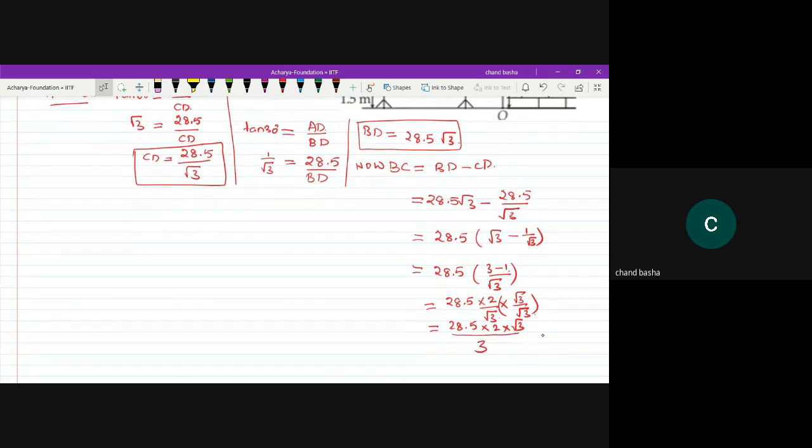So just do the calculation part, simple calculations. As you said, it is 9.5. 9.5 into 2 into root 3. It should be clearly 19 root 3.